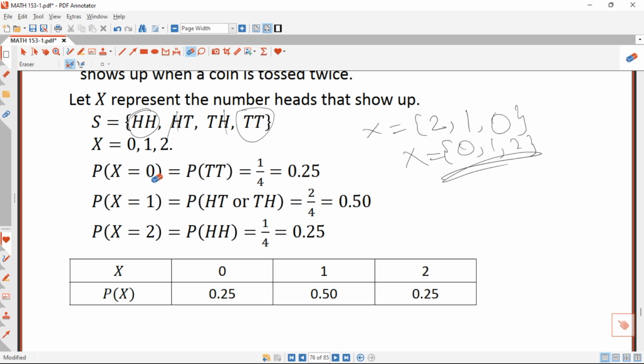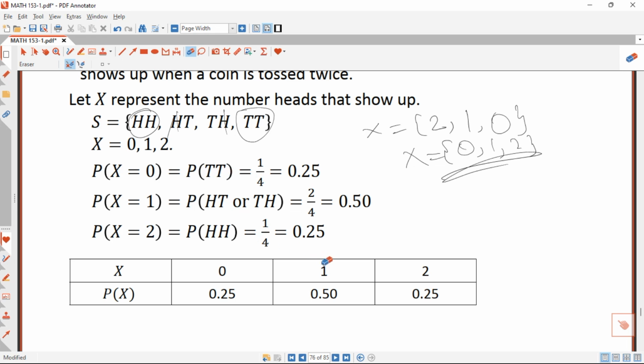It is the probability of TT, because here we have only one pair that does not have a head. The probability will be 1 divided by 4, because our number of events is 1 and the number of sample space is 4. When you count, 1, 2, 3, 4. So when you divide it, we get 0.25.